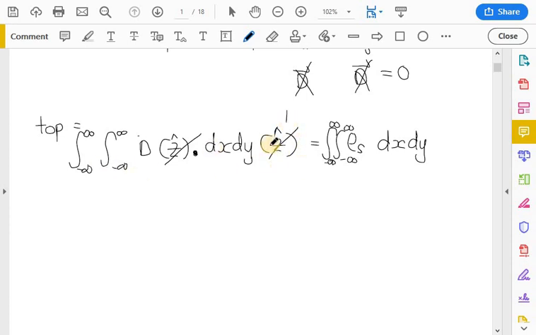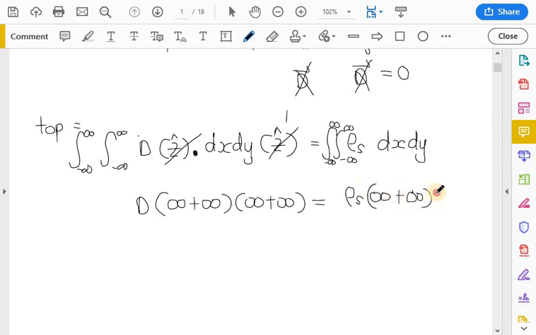Then when you perform this integral, one will be infinity plus infinity, and this one also infinity plus infinity, times rho s.